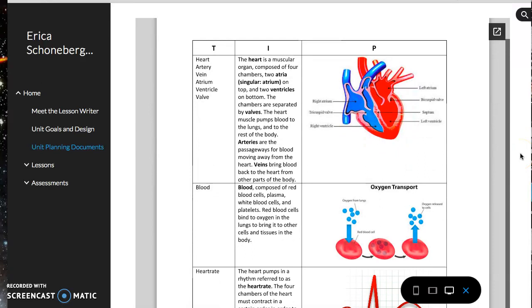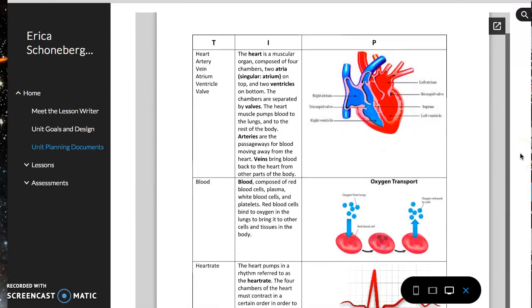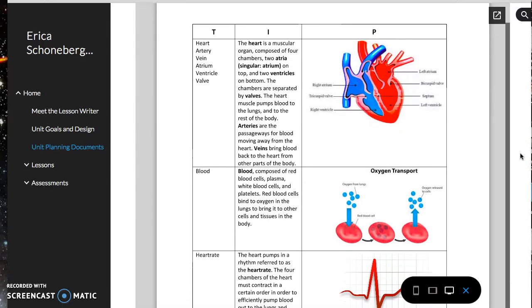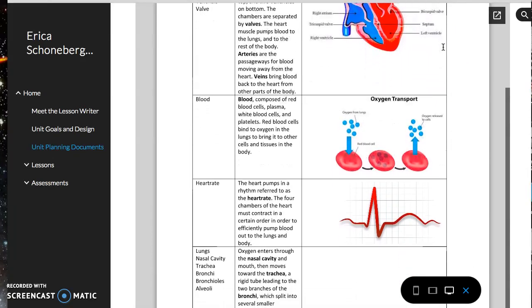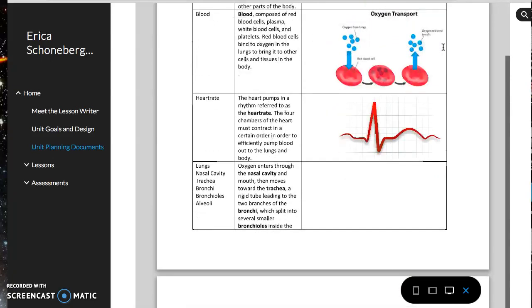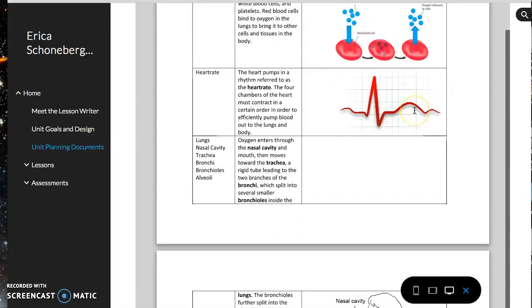Next is the vocabulary tips chart. This chart goes over the vocabulary associated with this unit. The first section is about the names of the parts of the heart and blood. We want students to use the proper term heart rate.